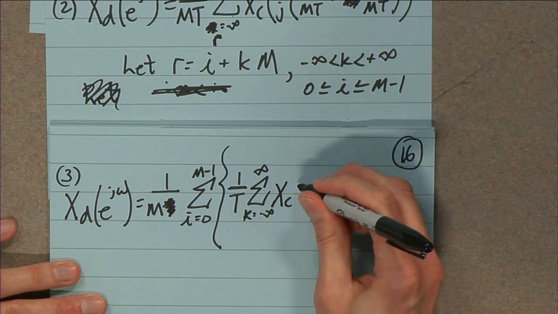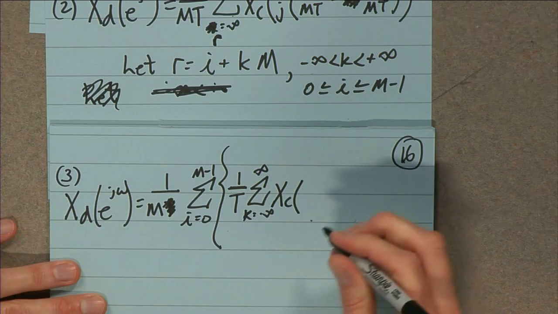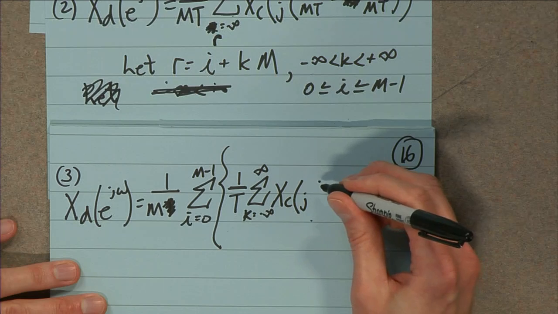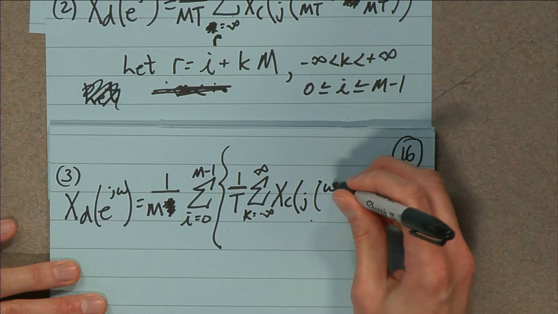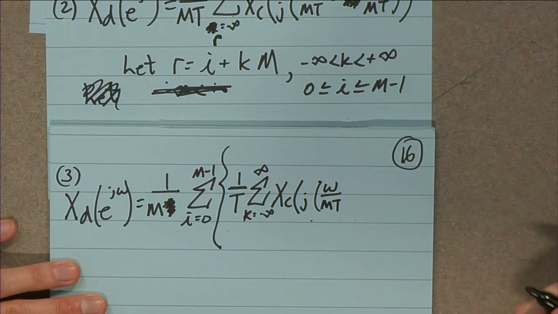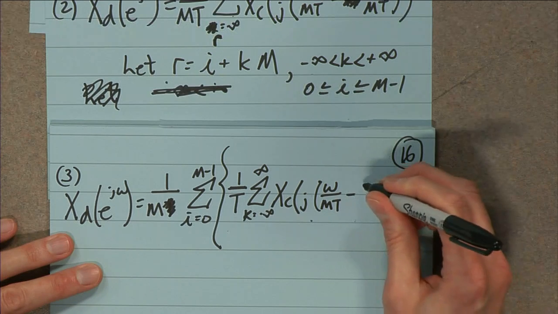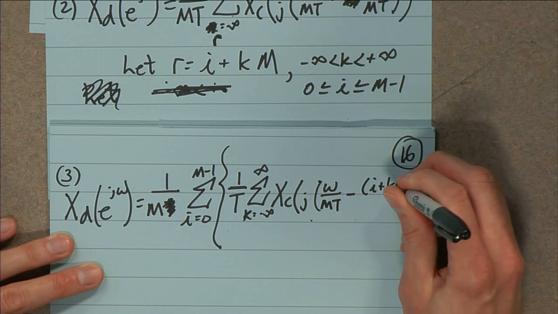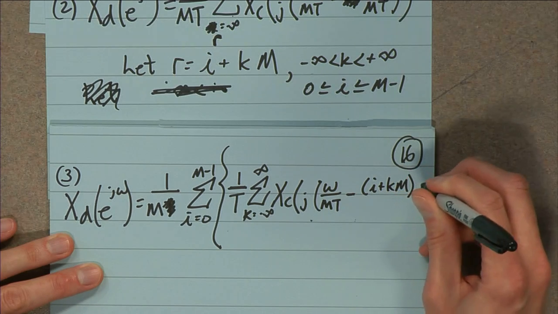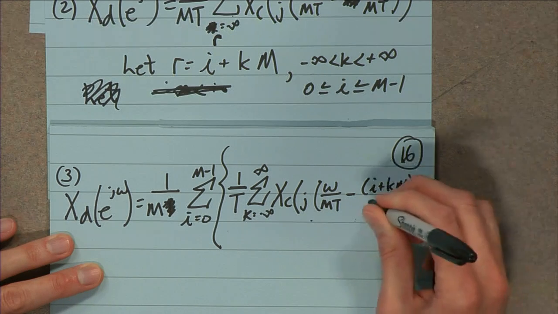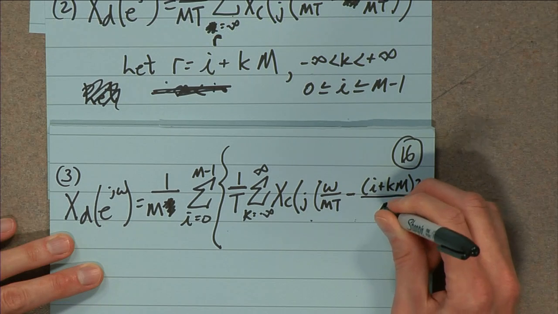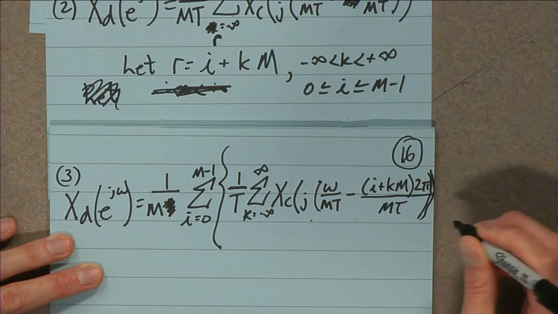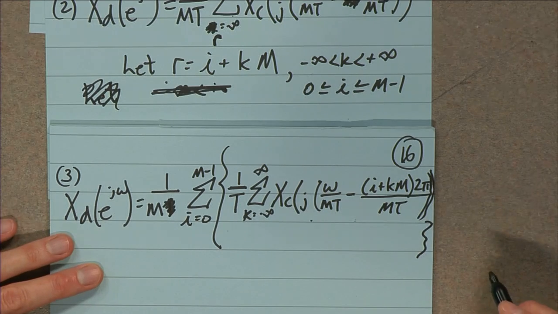And we've got Xc, j, and I want to make this omega over capital M capital T. And now we've got i plus kM times 2 pi all over MT. And there's some more braces back there.